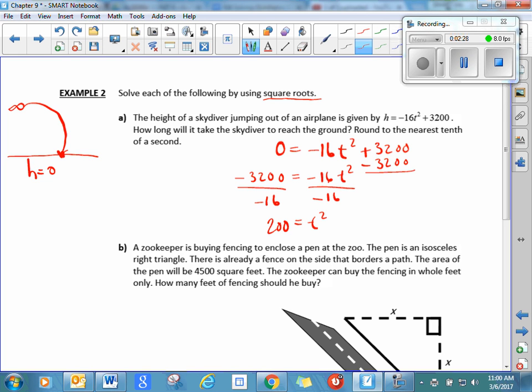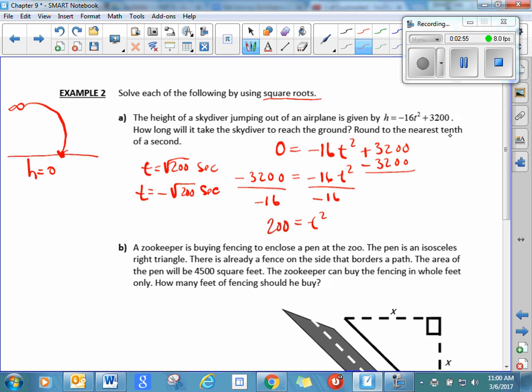So 200 is not a perfect square, so we're going to go over here, and it says round to the nearest tenth of a second, so I'm going to get on my calculator and figure out what the square root of 200 is in a minute. But we know that for our two answers, because we've got an exponent of 2, t is going to equal positive the square root of 200 seconds, and t is also going to equal negative the square root of 200.